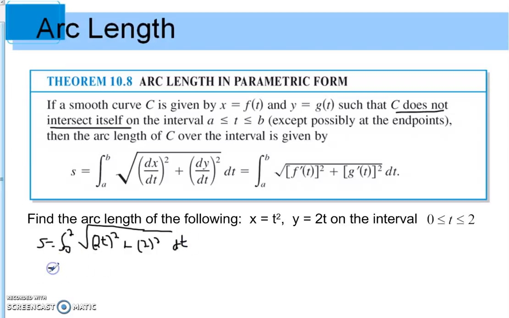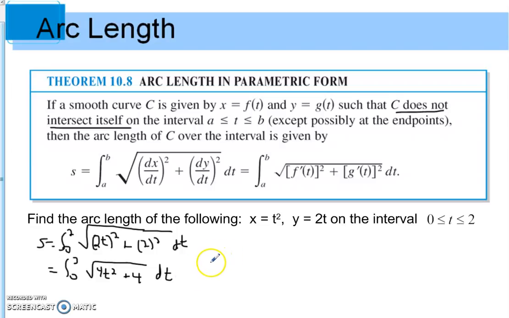So that is equal to the integral from 0 to 2 of the square root of 4t squared plus 4 dt.